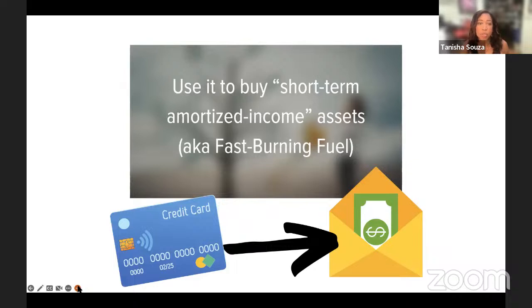And use it to buy short-term amortized income investments. This is what we also call fast burning fuel, a term we use at TARDIS. Short-term amortized income investments are fast-burning fuel. Basically, those are investments that are short-term, 2 years, 3 years, 5 years, maybe 7 years, and they are principal and interest.